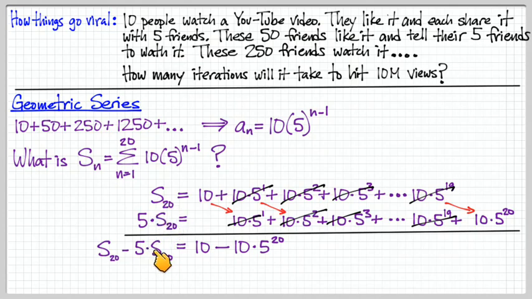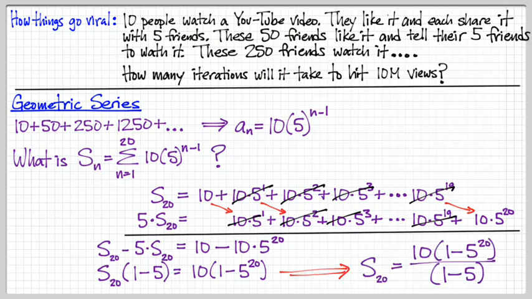So we're going to factor out S20 over here on the left-hand side. We factor it out, and we get S20 times 1 minus 5 is equal to this. Now we're going to divide both sides by 1 minus 5. And we're going to get this as our answer.